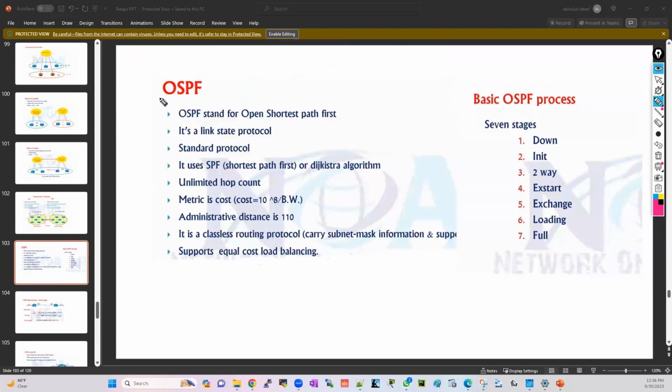Now OSPF, as the name implies, stands for what? Open Shortest Path First. It uses an algorithm called Dijkstra algorithm.